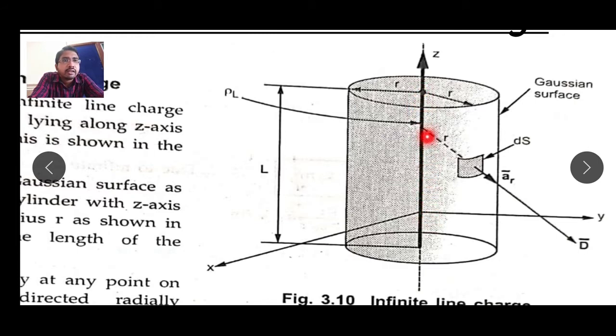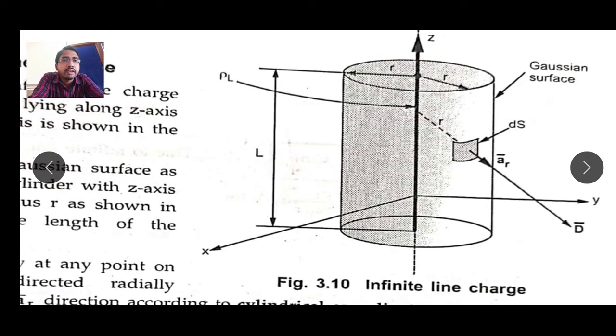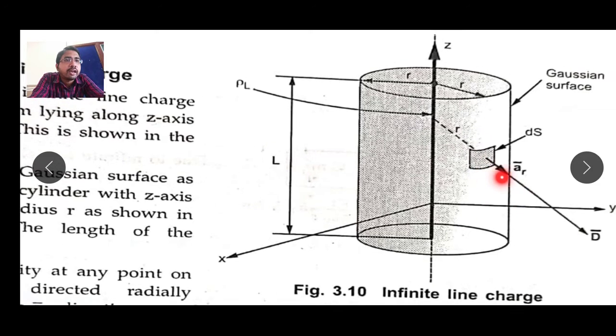See this dark line, the infinite line charge is placed along the z axis. We are assuming a cylindrical coordinate system. A cylinder of radius r is assumed along this line charge. I am not considering the total surface of the cylinder, I am considering only a differential surface of the cylinder, as you can see here.